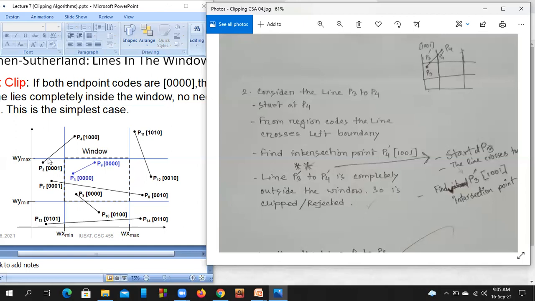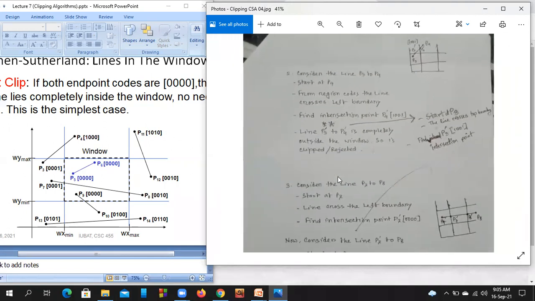So we can understand that the region codes of P3 prime and P4 prime are the same, 1001, which is not inside the window, so this line is completely outside the window, all parts of the line, so we call it rejected. So we are not considering it.